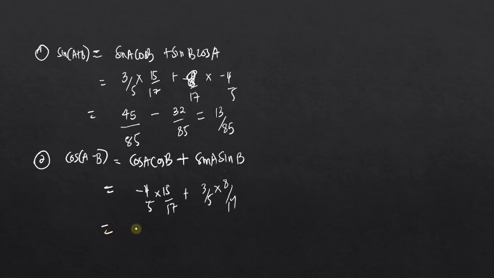This should give us -60/85 plus 24/85, and this will give us -36/85. Okay, so these are the answers that you get when you are trying to apply trigonometry in this format.